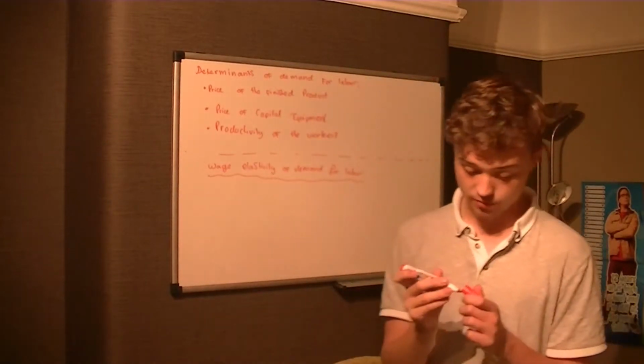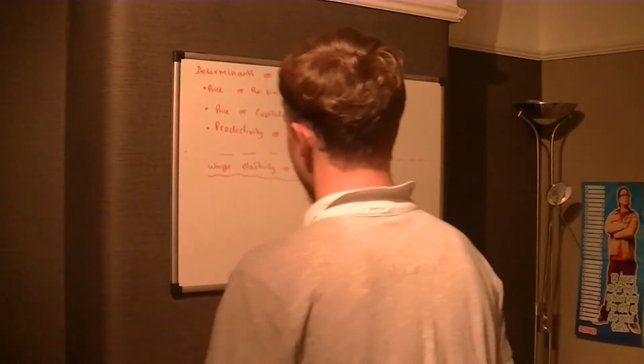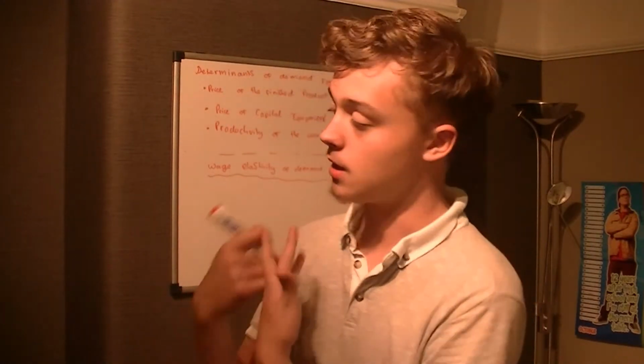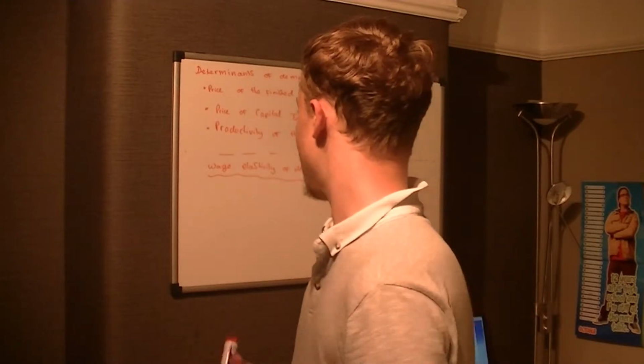Now, I said at the beginning of this video that the wage elasticity of demand for labour is very much like the price elasticity of demand for goods that we were looking at in F581. That's why the F583 topic, the one I'm doing on the board behind me, is very closely related to your F581 topics. The reason it's related is because if you cast your mind back to what I said in the elasticity video for F581, OCR economics, we said the first variable, so if it was price elasticity of demand, the second variable always went on the top, and the first variable always went on the bottom.